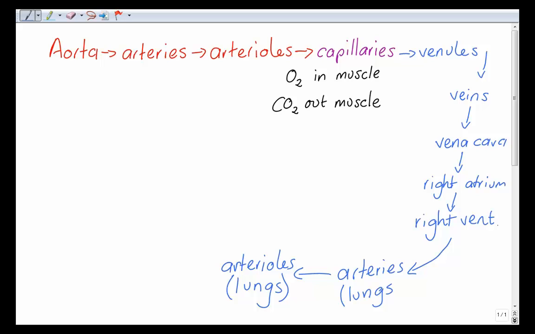So once it gets to arterioles, then it's capillaries. And the capillaries will allow for diffusion of oxygen and carbon dioxide at the lungs, at the alveoli. Carbon dioxide will be breathed out, so it will come out of the blood into the lungs and then be expelled into the atmosphere.